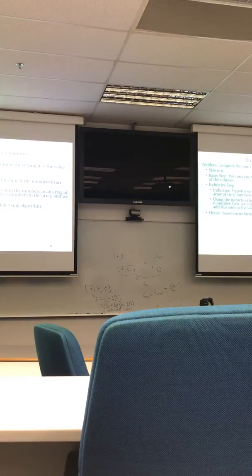The first element is added to the second element first, then the result we add to the third element. So it is an iterative implementation here, from bottom up implementation.